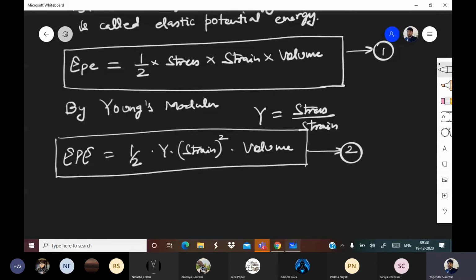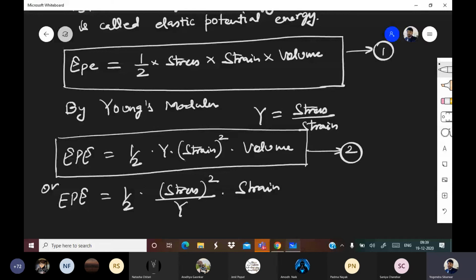Now if you want to replace strain rather than stress, then also you can do. EPE is equal to half into stress square upon Y into volume.